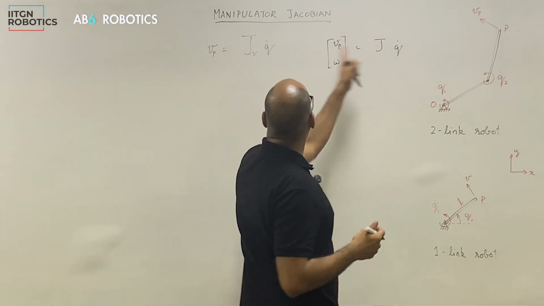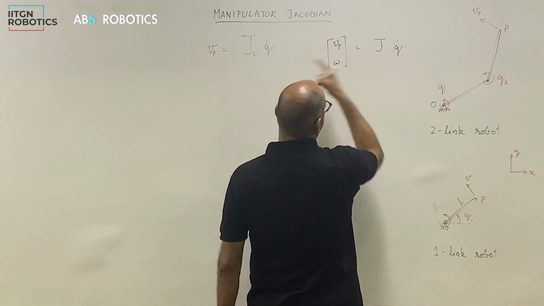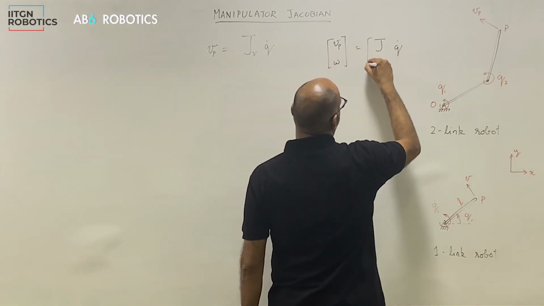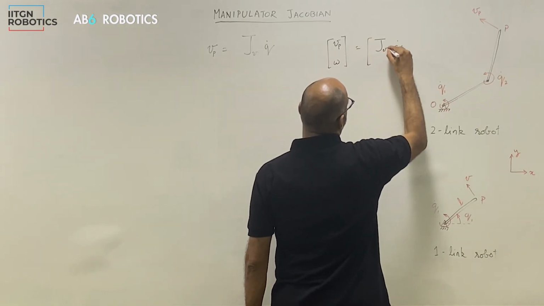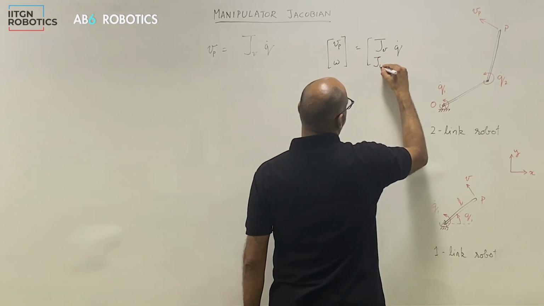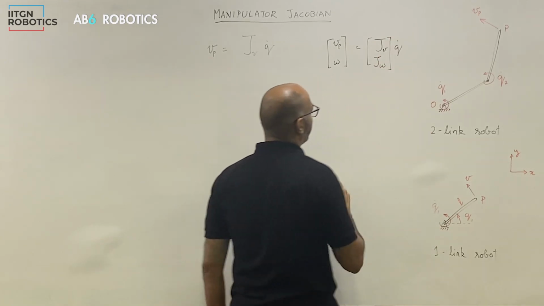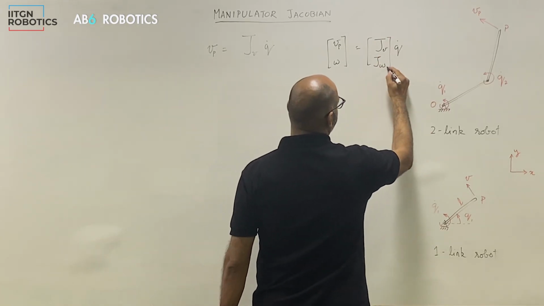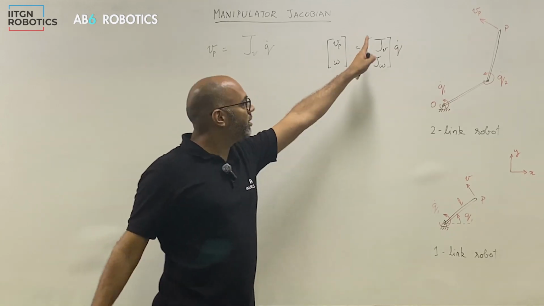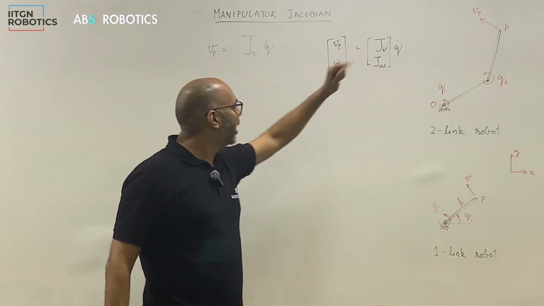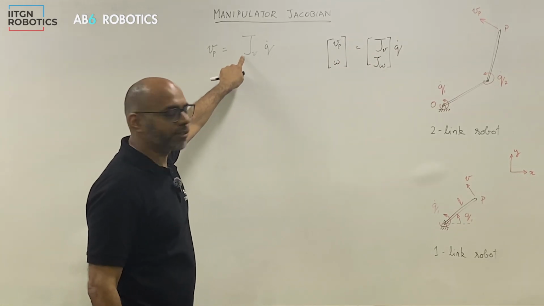In this case, J is a different J. It consists of J_V and J_omega. And sometimes when people say Jacobian, they usually mean this whole matrix, and this is just the velocity part of the Jacobian.